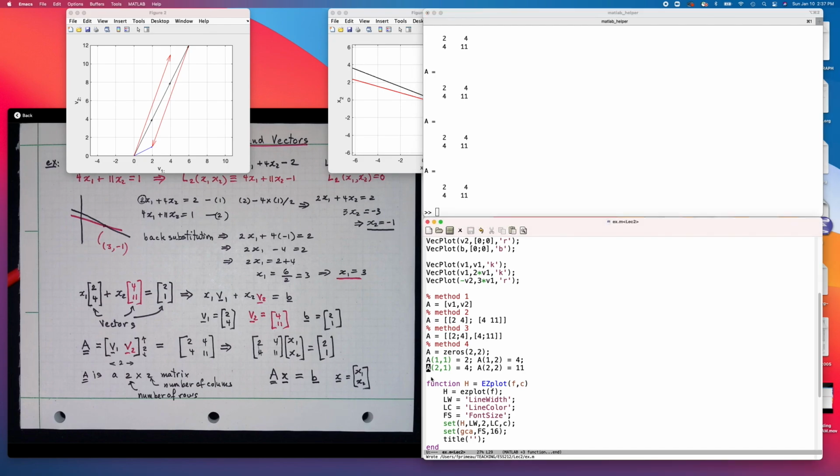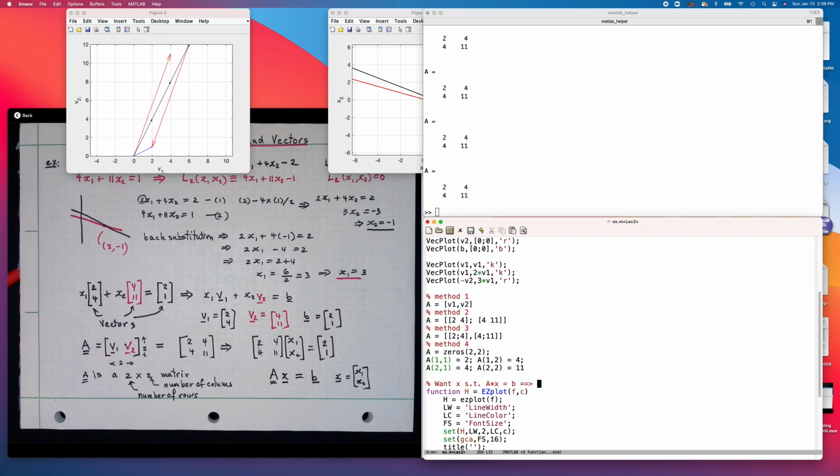Now, how do we find the solution? Well, Matlab has a very easy way to find the solution. What we want is x such that A times x is equal to b.